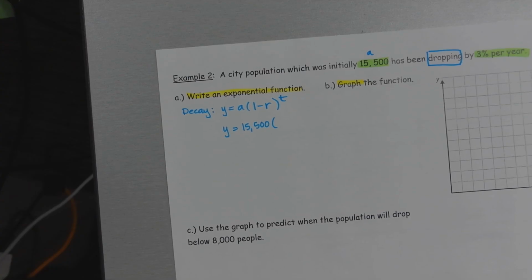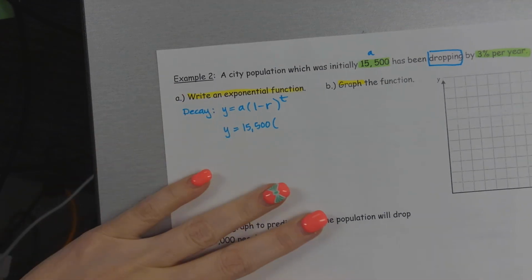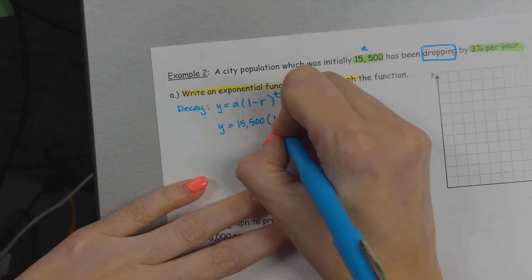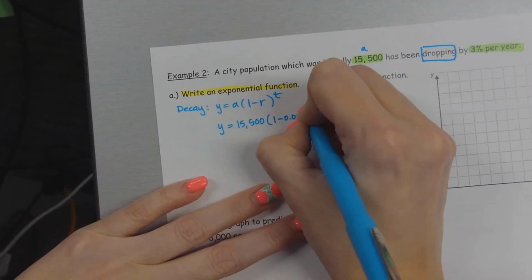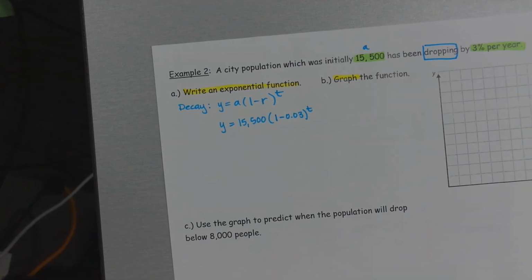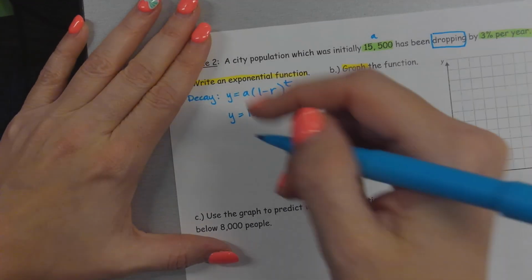All right, and then Natalie, how did you write 3% as your decimal? Good. Okay, so when you're doing 1 minus 0.03, you can just think of it as 100 minus 3. 100 minus 3 is going to be 97, so this is going to be 0.97.